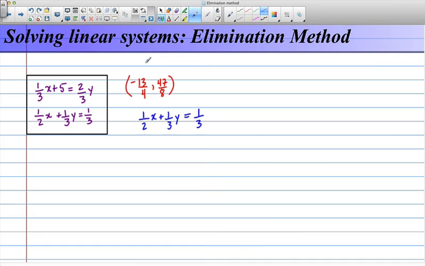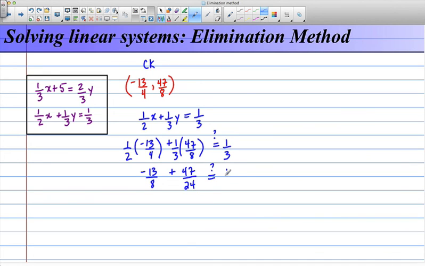We'll check our answer then using the second equation, 1/2 times negative 13/4 plus 1/3 times 47/8. Does that equal 1/3? Negative 13/8 plus 47/24. Does that equal 1/3?